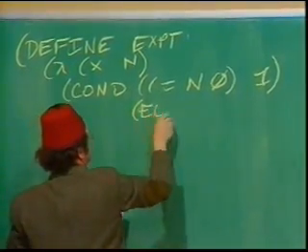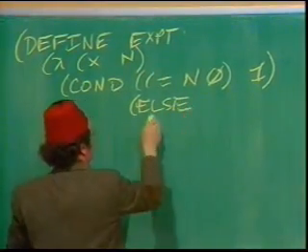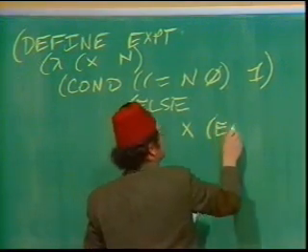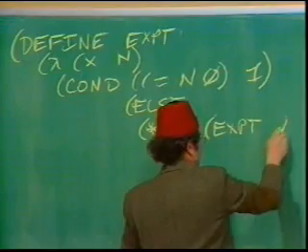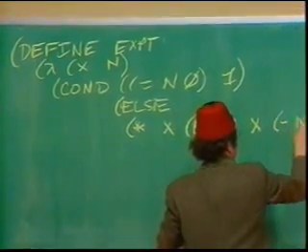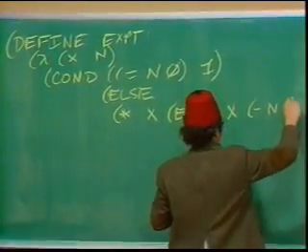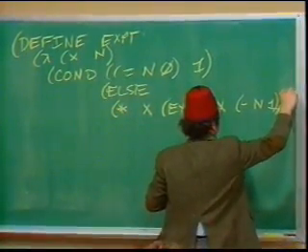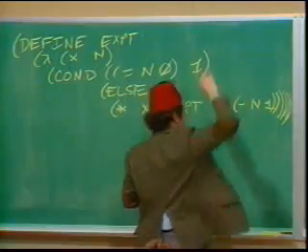Otherwise, I want the product of x and the result of exponentiating x to the n minus 1 power. I think I got it right.